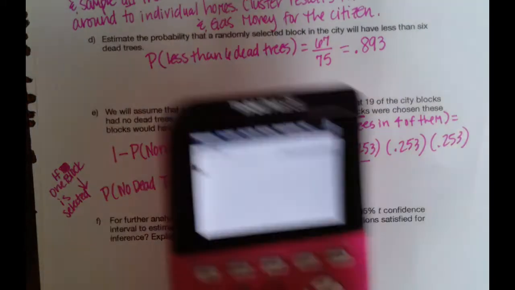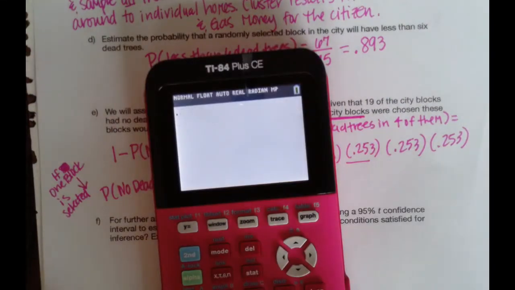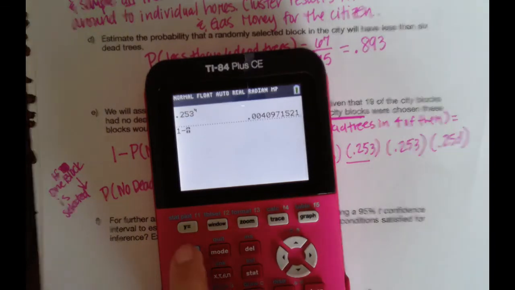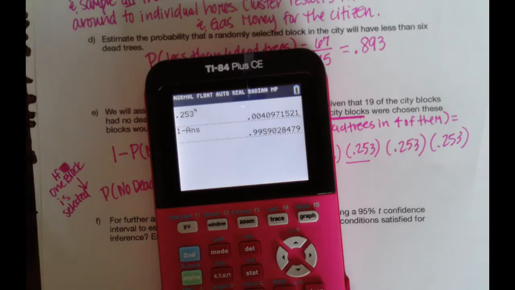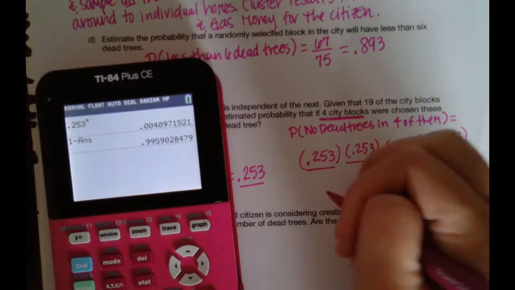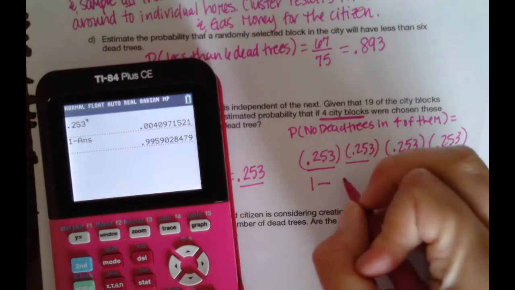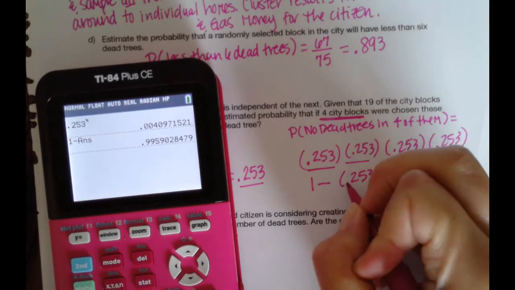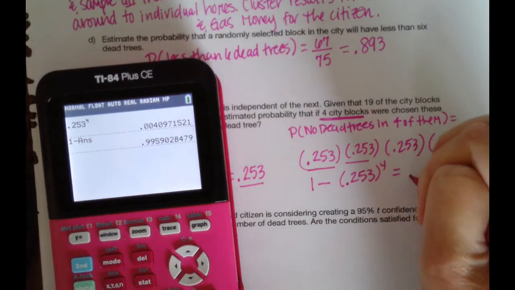So really it's 0.253 raised to the 4th power. So we got to find the complement of that. So that's 1 minus 0.253 to the 4th power is really what we're doing.